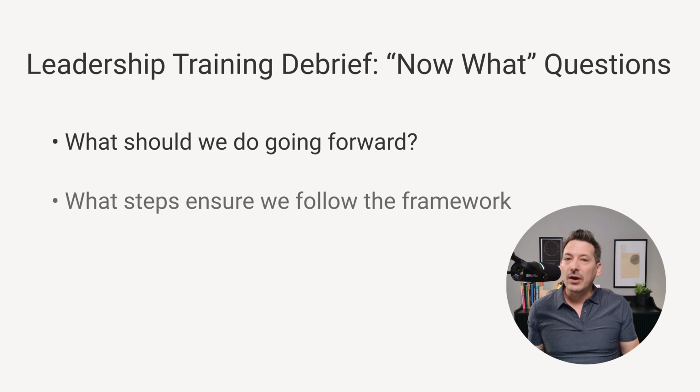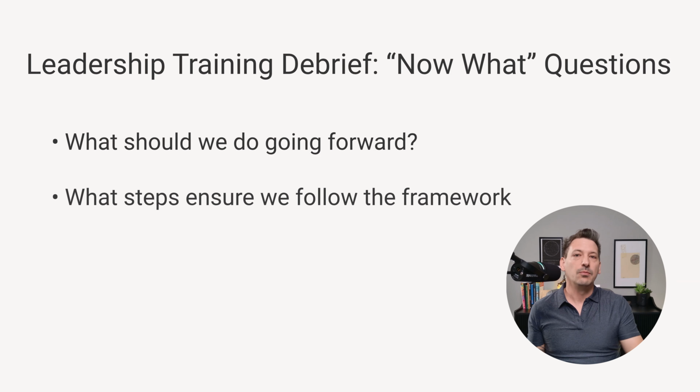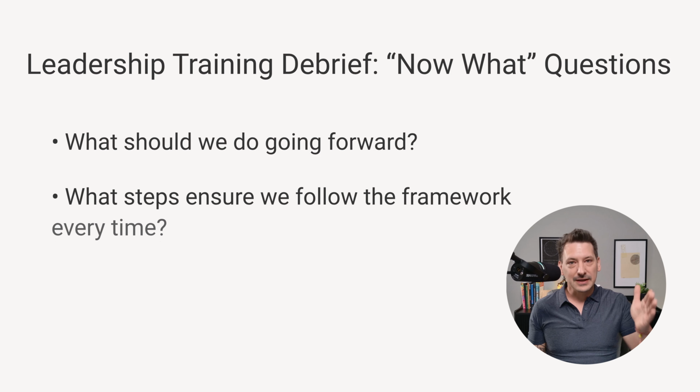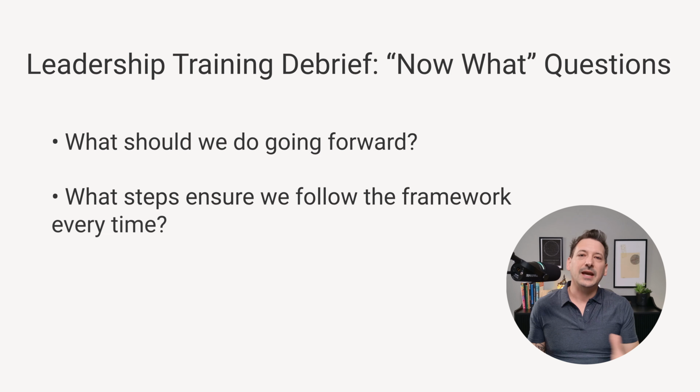Or now that we've seen the conversation is more productive when the framework is followed, what steps can we take to make sure that we follow it every time in the future? These types of questions are connecting the dots and they're getting the commitment that you're looking for to follow these best practices going forward.